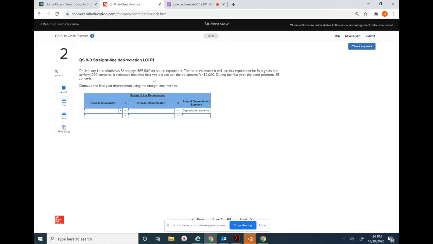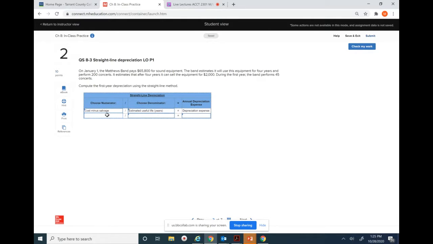I'm sorry, we'll divide that by the 4 years. So we will take the cost minus the salvage value, divided by the useful life in periods, in this case years. That would give us the depreciation expense.